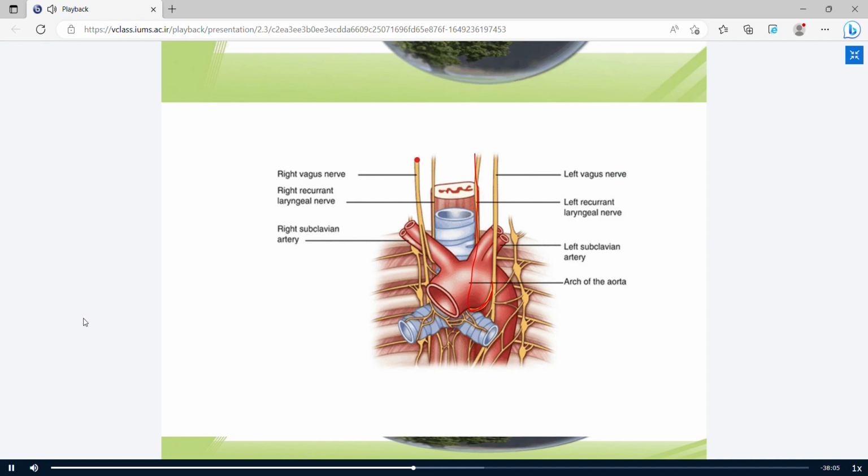But on the right side, this is the right vagus nerve, and this is the right recurrent laryngeal nerve. It arises from the vagus nerve near the subclavian artery, turns upward, and comes back to the neck. So the initiation of the left and right recurrent laryngeal nerves is different on the left and right sides.